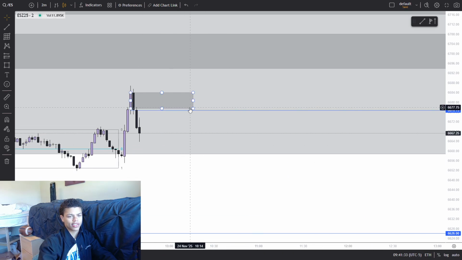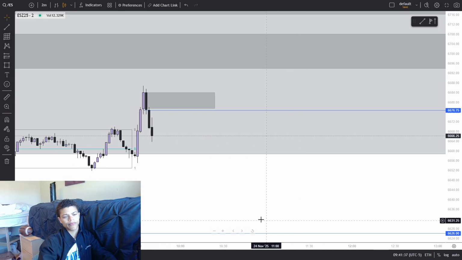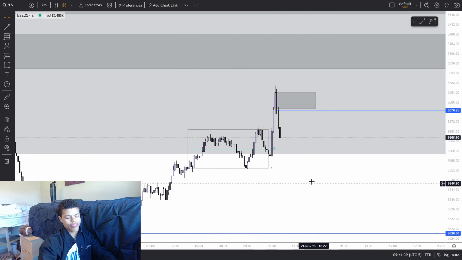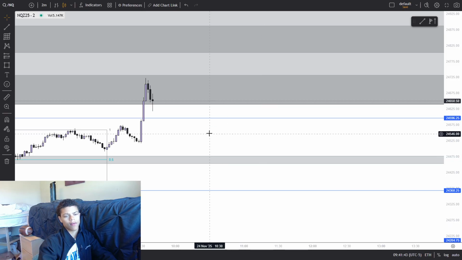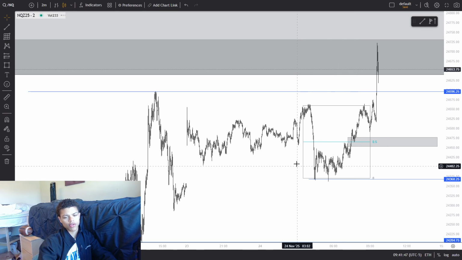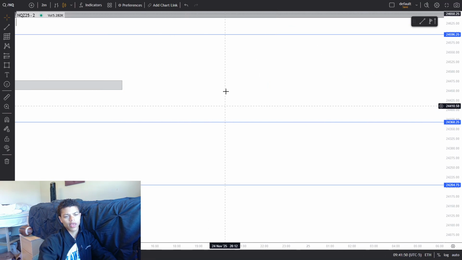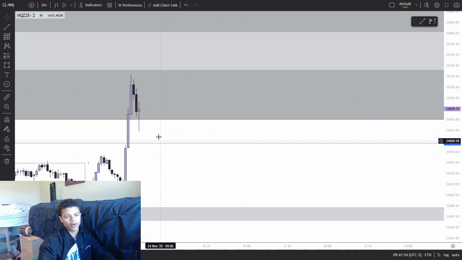Depends how we retrace into this. Like I said, guys, I want to see market push lower. We just need valid entry to do so. But if we don't, then we can't take the play.